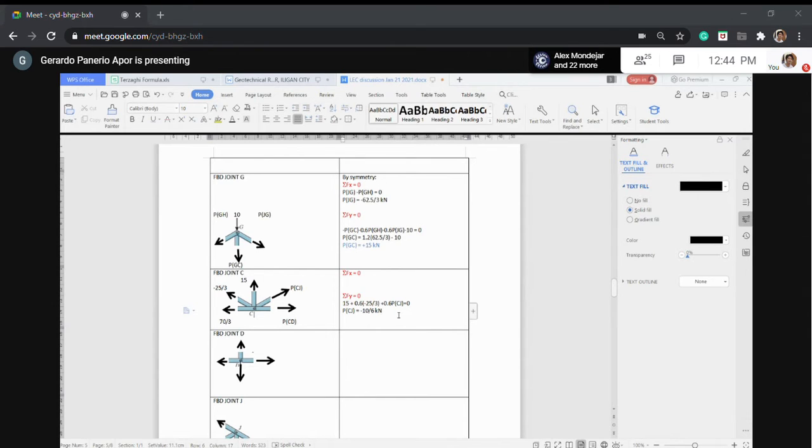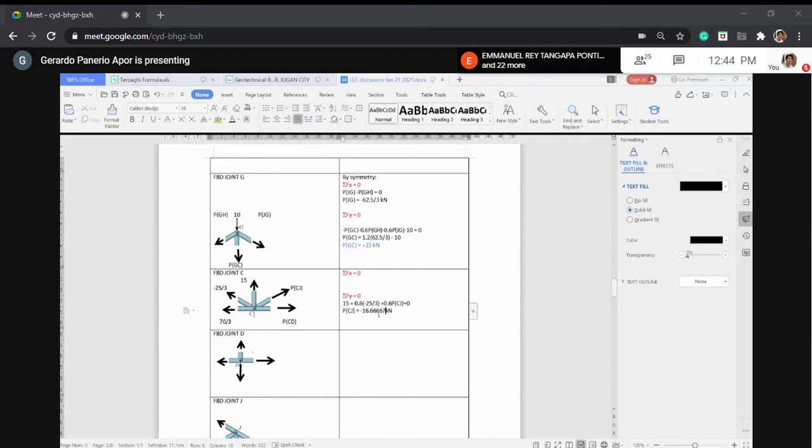So 10 divided by 0.6. This is 16. No? This is 16.67. This is 16.67.